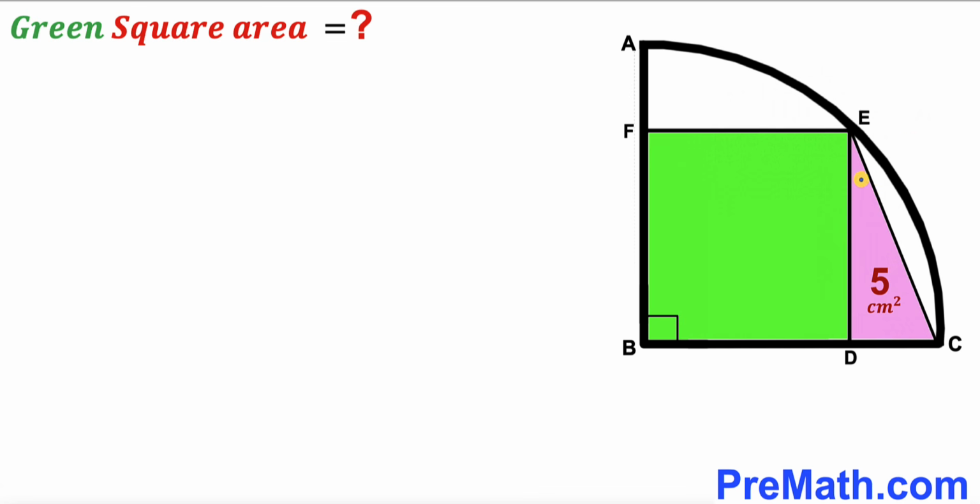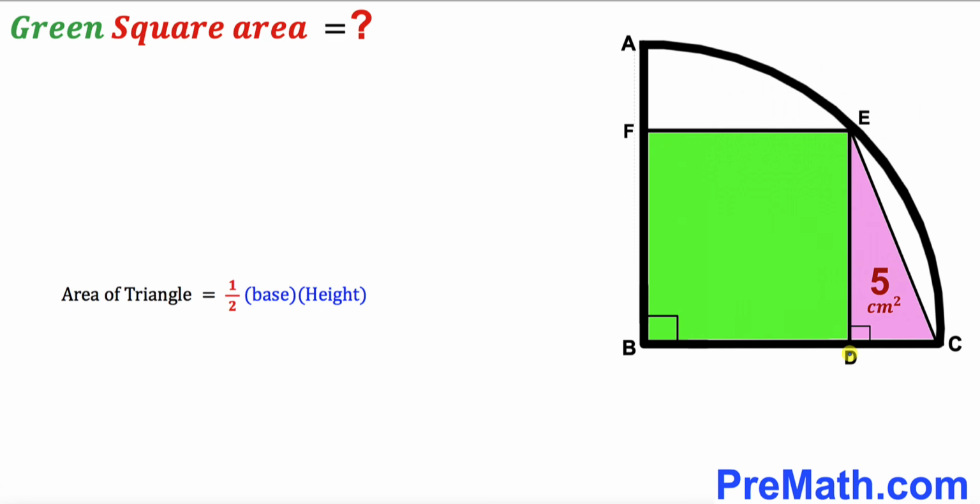Let's focus once again on this purple shaded right triangle. Bear in mind that this angle has got to be 90 degrees, since we are dealing with a square. We know the area of this triangle has been given to us as 5 centimeters squared. Let's recall the area of a triangle formula: area is always equal to a half times base times height.